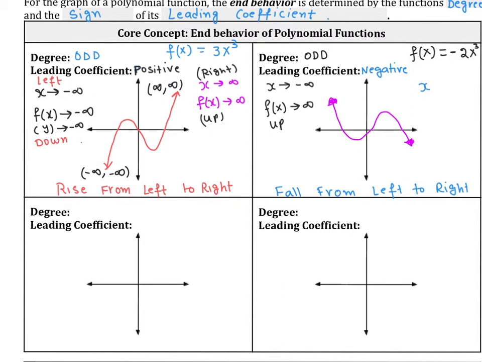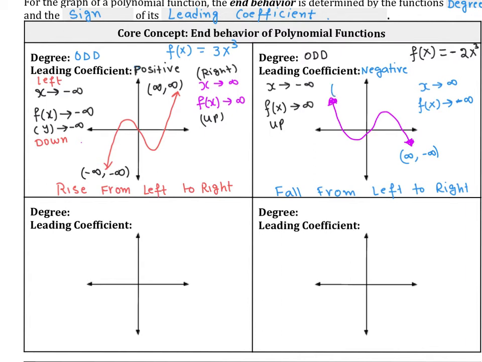When x approaches positive infinity, meaning x is going to the right side, y is going down. So y is approaching negative infinity. If you talk about the points, x is positive infinity here because it's the right side of the graph, and y is going down, so y is negative.